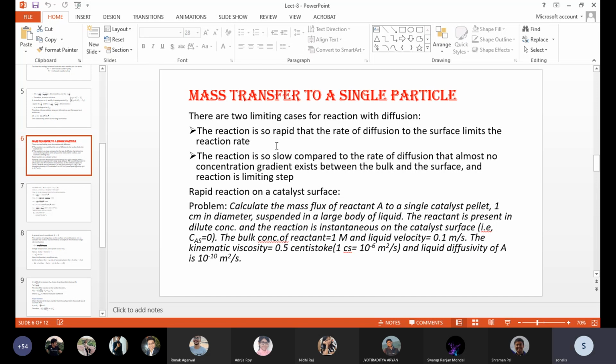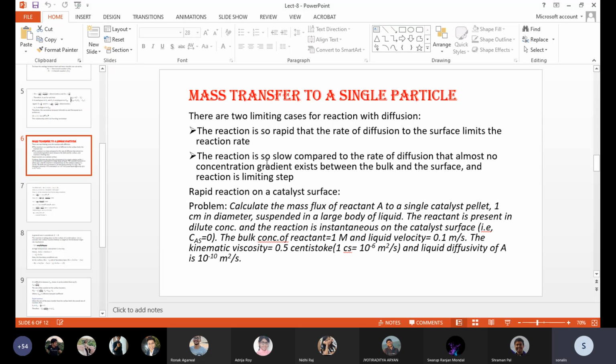So the reaction rate is very rapid, but diffusion is not that rapid. Diffusion will control the whole process. So in this case, diffusion is the controlling step and reaction is the rapid step. The rate controlling step will be the external diffusion.